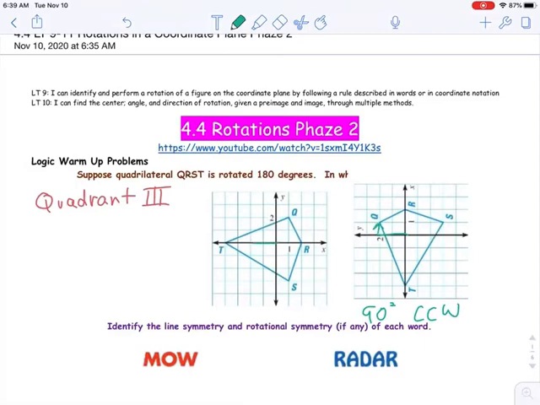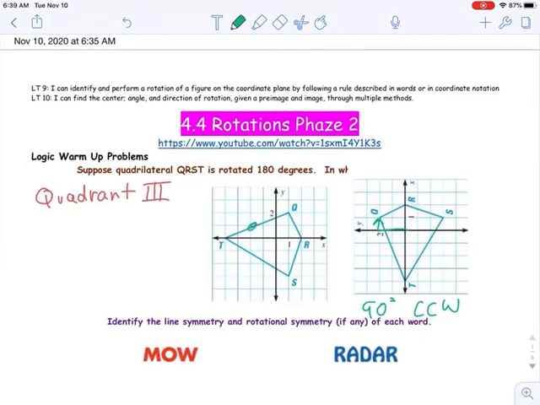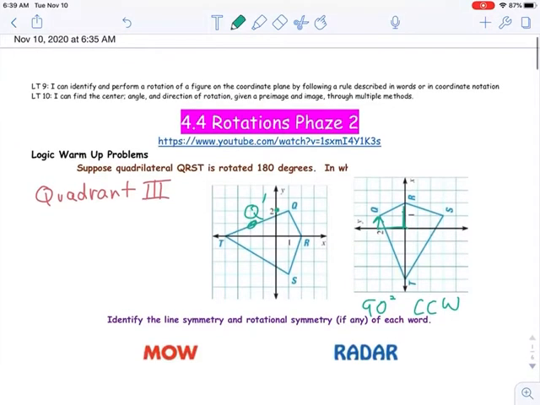Notice how Q is 2 to the left, up 1. So to rotate this, I just go 2 to the left, up 1, Q prime. And then R is just up 2, so I'm going to go up 2 for R prime, and so on. S is 3 to the right, 1 up, so 3 to the right, 1 up, S prime, and then T was just down 4, so T prime will be just down 4.